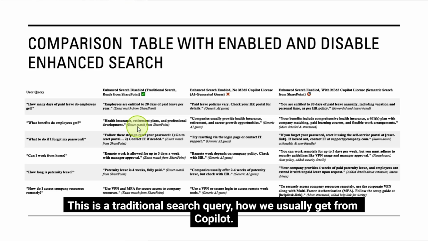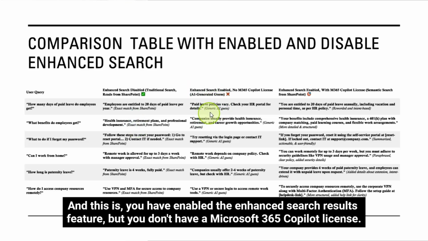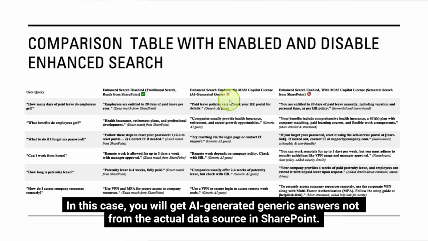This is a traditional search query, how we usually get from Copilot. Right? And this is, you have enabled the enhanced search results feature, but you don't have a Microsoft 365 Copilot license. In this case, you will get AI-generated generic answers, not from the actual data source in SharePoint.